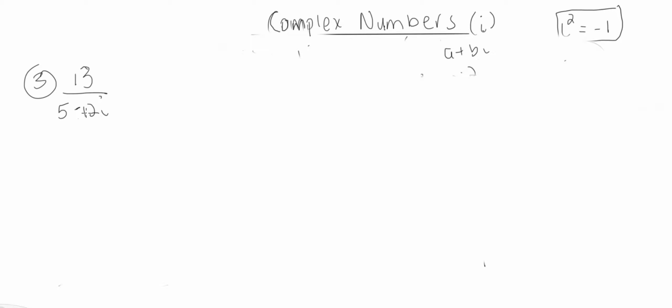So you see how there's a minus here? This is how I know I need a conjugate. I will multiply that by the conjugate. Change that middle sign. Whatever I multiply in the denominator, I must do the exact same thing in the numerator.